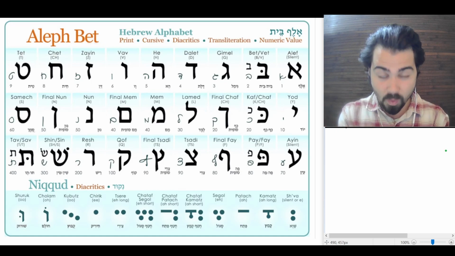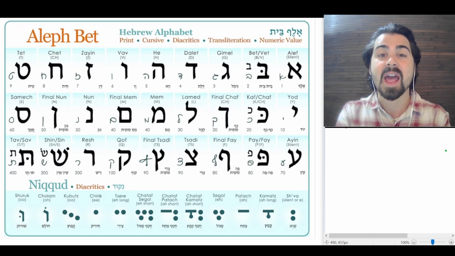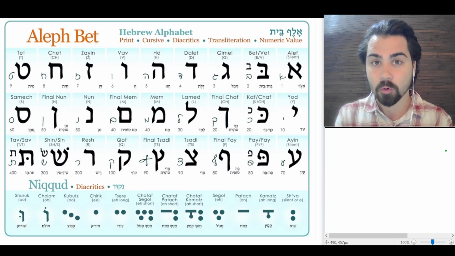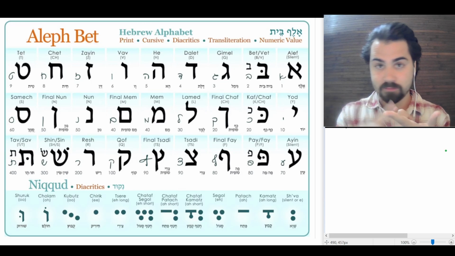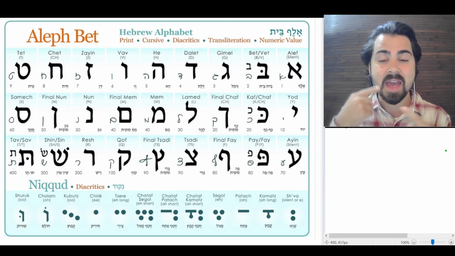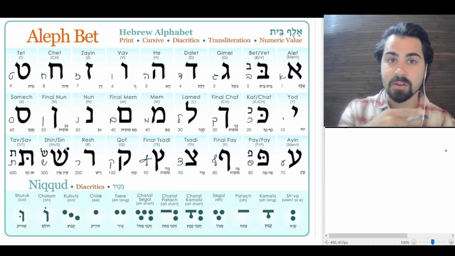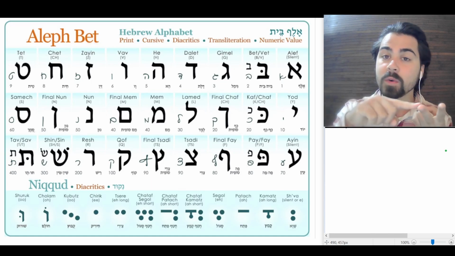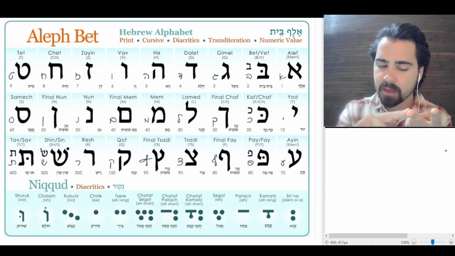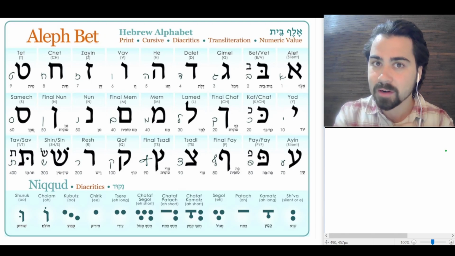We have acquired the tool to read whatever we want in Hebrew. So now it's just about practicing. Because practice makes perfect, we practice and we can read faster and faster, better and better. So we practice and we start with the exciting thing of building our vocabulary.